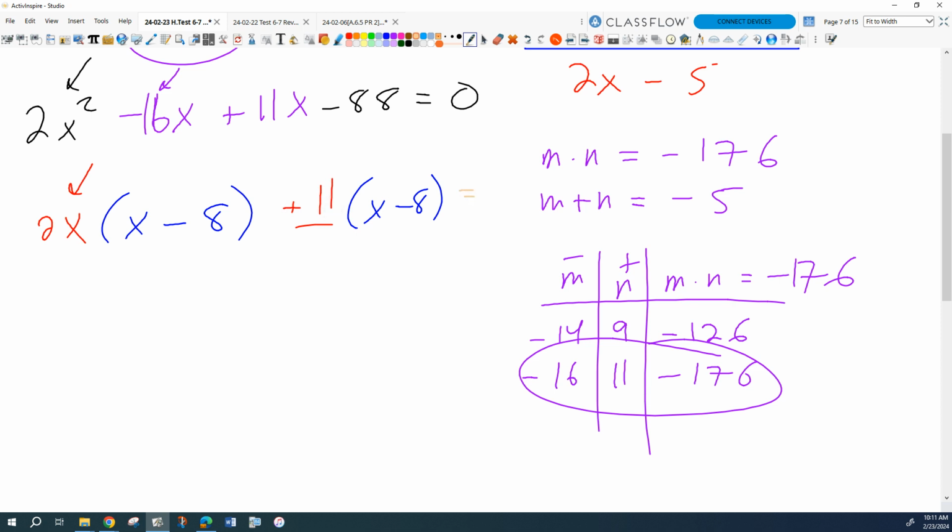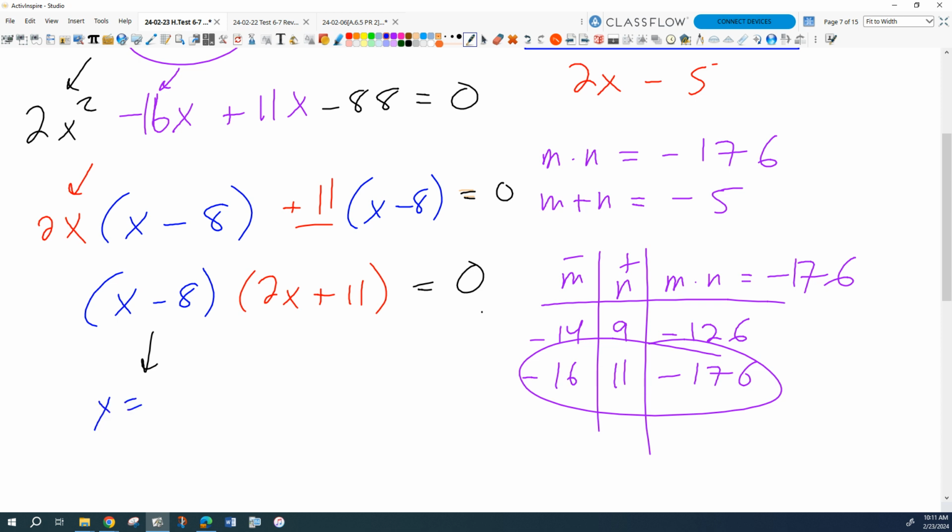It all equals 0, so what are my factors? 2x minus... x minus 8, go ahead, times 2x plus 11. Okay, so my zeros. X equals 8. X equals... I guess we'll do it in blue.